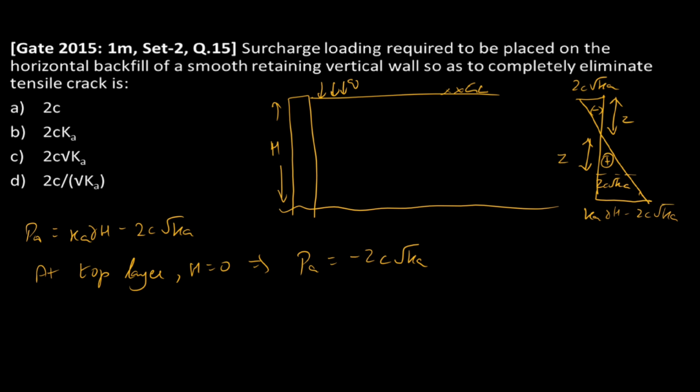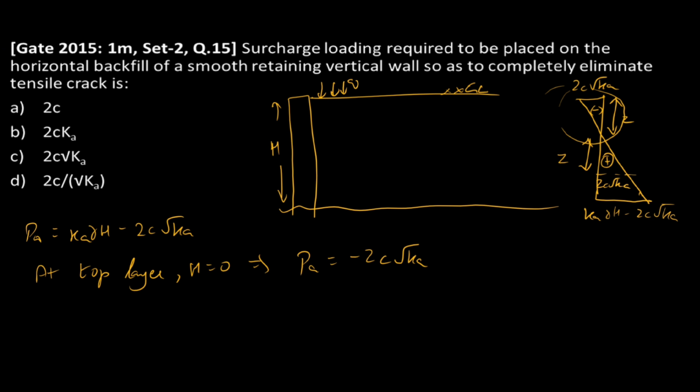Now they have asked us to find the value of horizontal backfill surcharge loading, the surcharge loading required to completely eliminate tensile crack. So we have to completely eliminate this tension zone. In the tension zone, the active earth pressure is minus 2C root Ka.